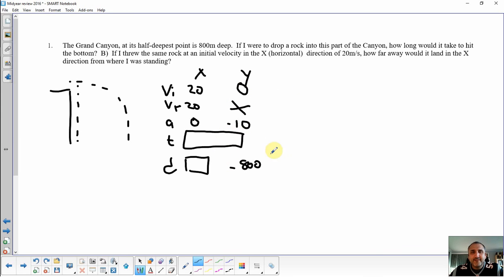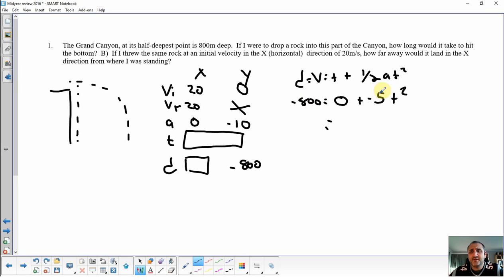VI, A, T, D. I'm going to say d equals v_i t plus 1/2 a t squared. And I love using this equation again because the initial velocity in the Y is 0. So I'm going to use all Y stuff in this equation. Negative 800 is my displacement in the Y. 0 is my initial velocity in the Y. Plus negative 5, that's for my acceleration in the Y, t squared.